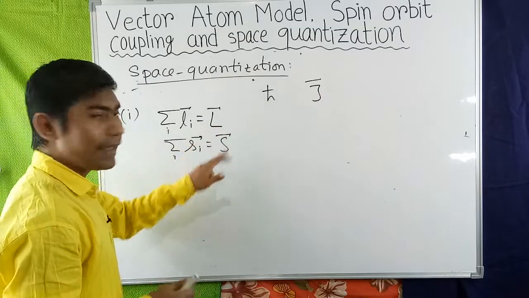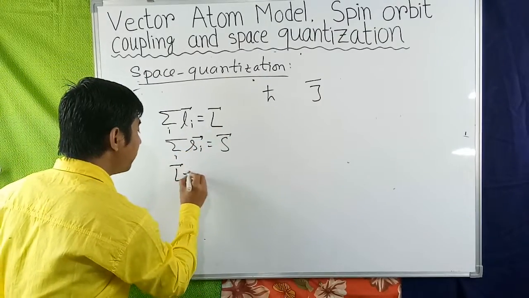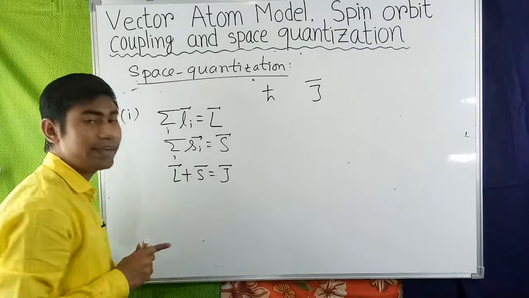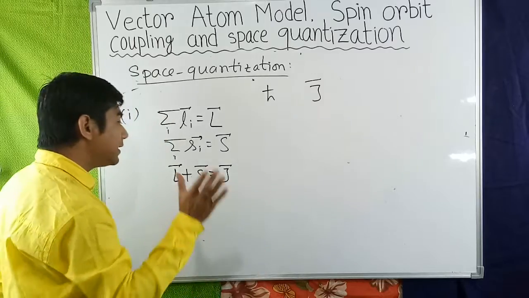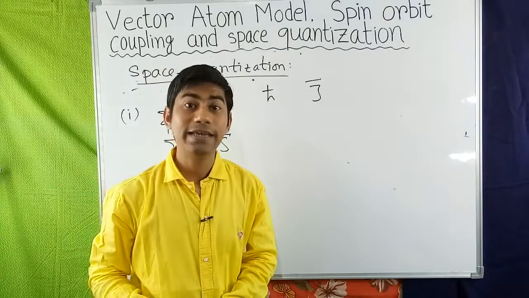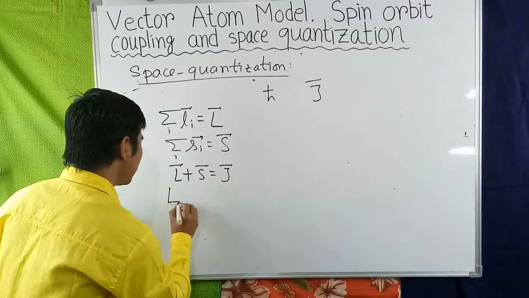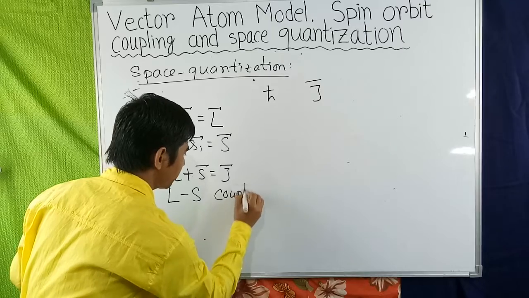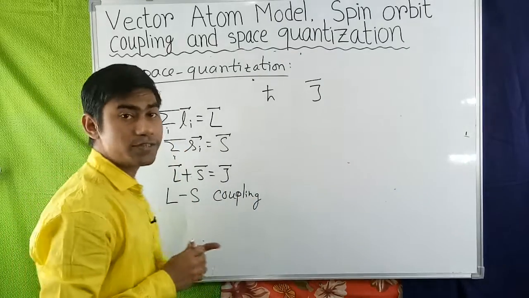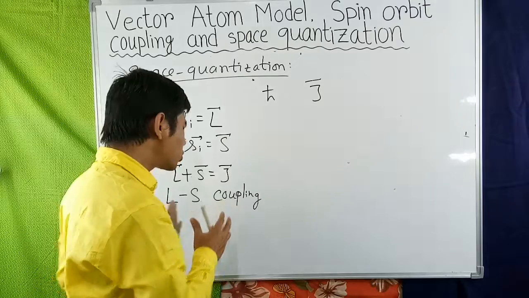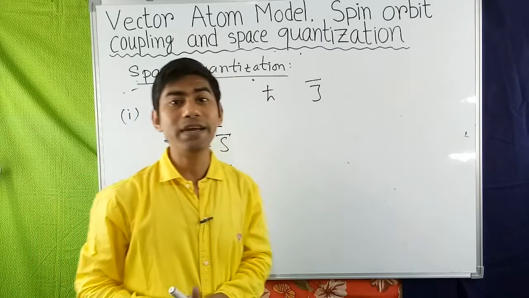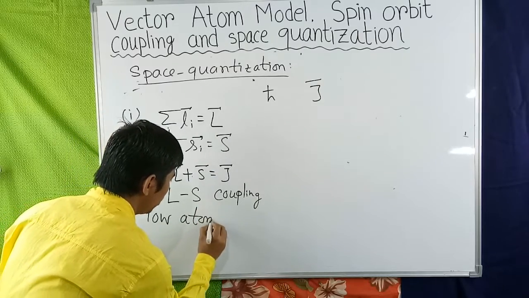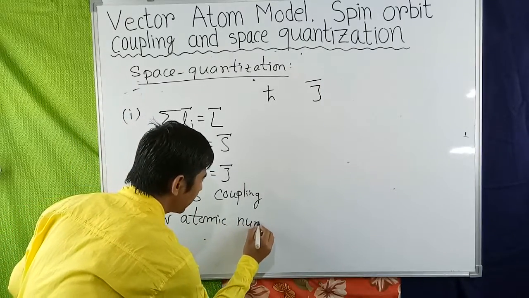Now L vector and S vector add vectorially to give the total angular momentum J vector of the atom, and this process of addition is known as LS coupling, or Russell-Saunders coupling, and it holds for atoms of low atomic number.